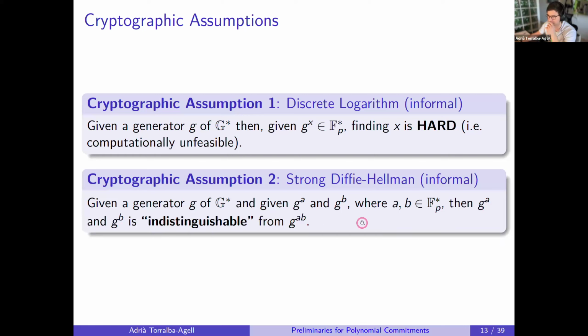What does it mean? This means that in addition to the last cryptographic assumption, if we are given g to the a and g to the b, we cannot infer information about g to the ab. So we don't have any more information about g to the ab by having g to the a and g to the b.